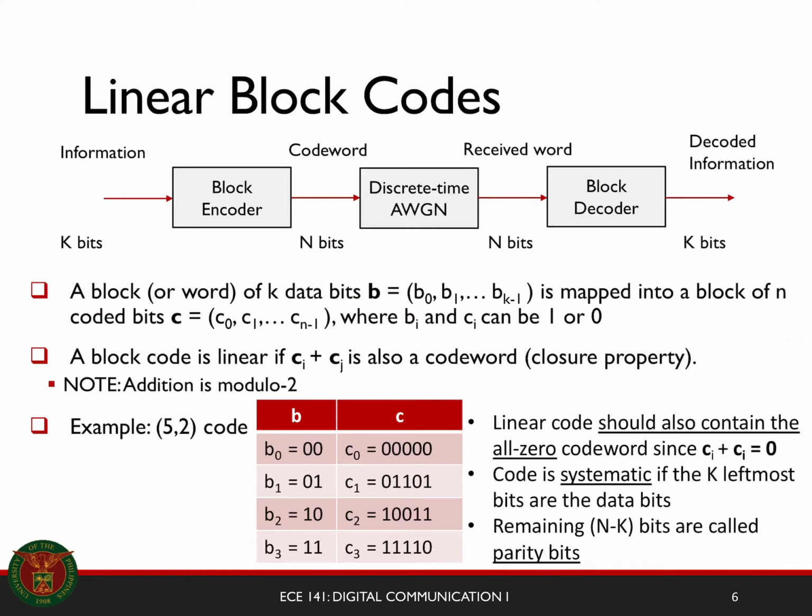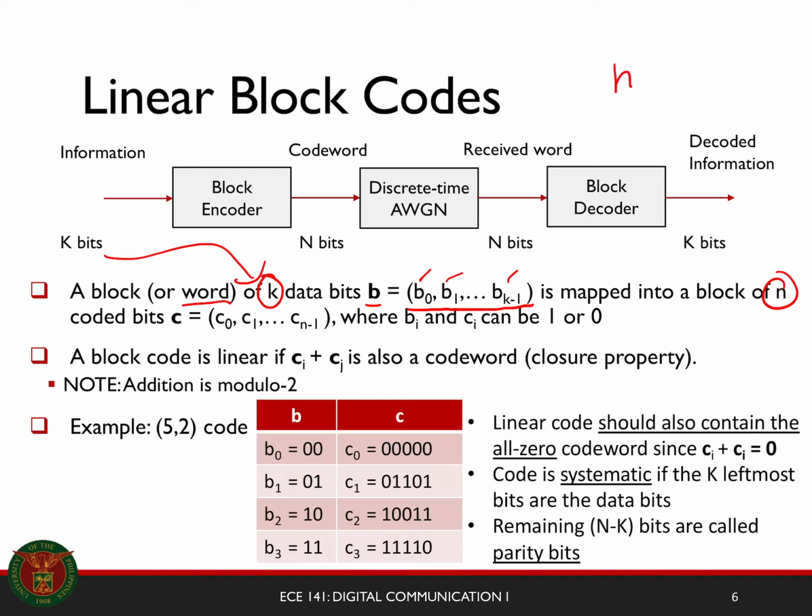Okay. A property of a linear block code is that, let's say we have a block of message bits or data bits, with k bits. Okay, so we basically have k bits, and it can be written as a vector b with the bits arranged in this manner. We will map these bits to a block of n bits.